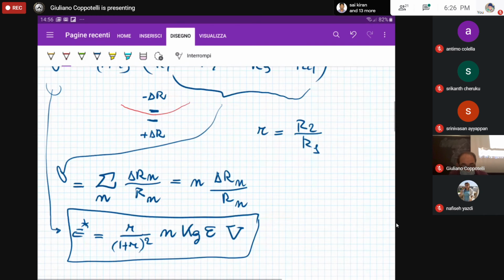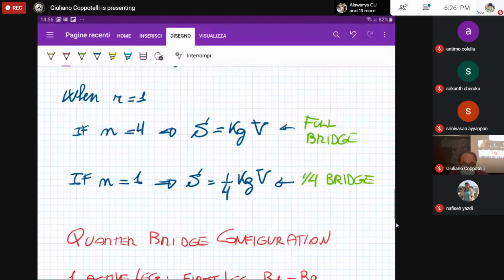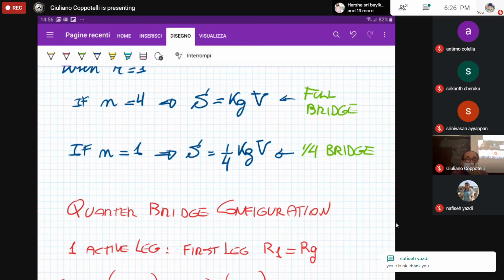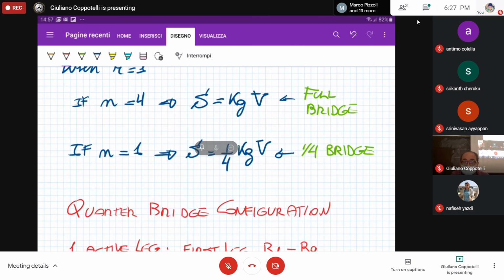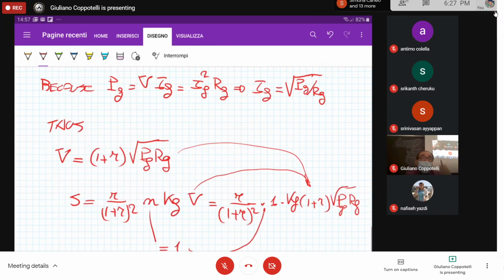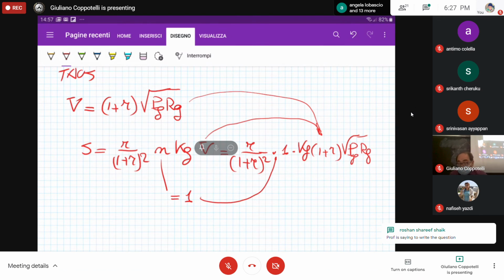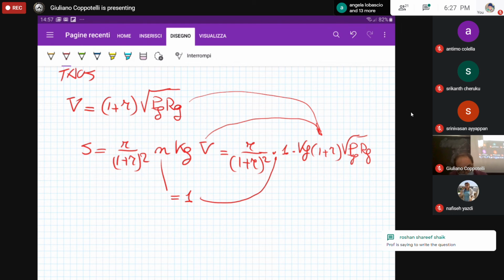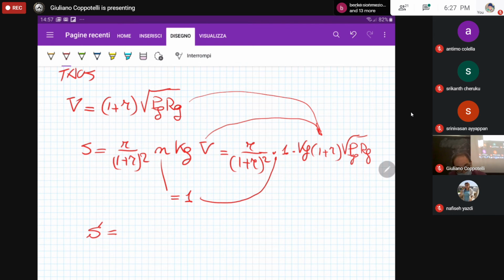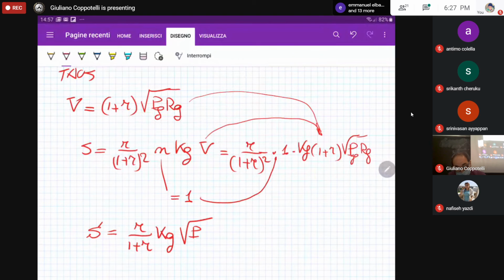So at the very end, when I'm saying that I'm using just one leg, that means that I am measuring just one strain gauge. I have just one strain gauge, and that strain gauge is placed on the first leg, as I already told you. So the result in this case is that the sensitivity is given by R over 1 plus R, kg, root square of PG RG.